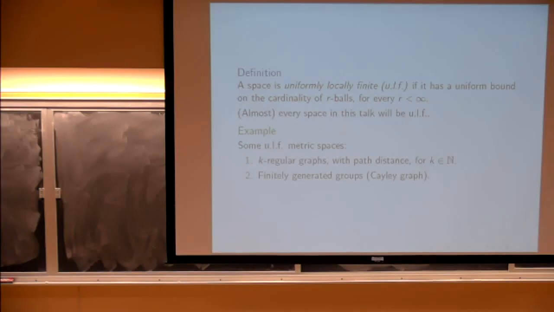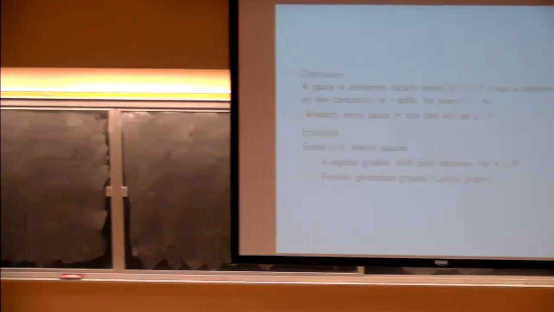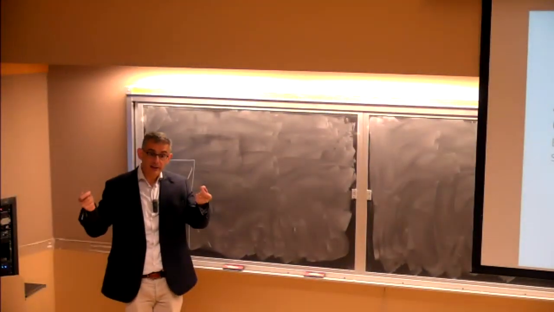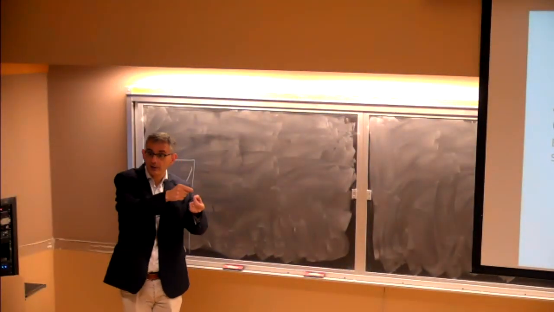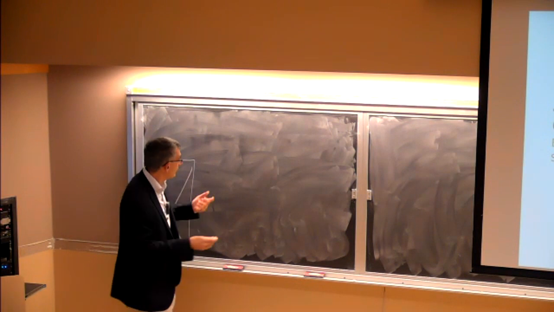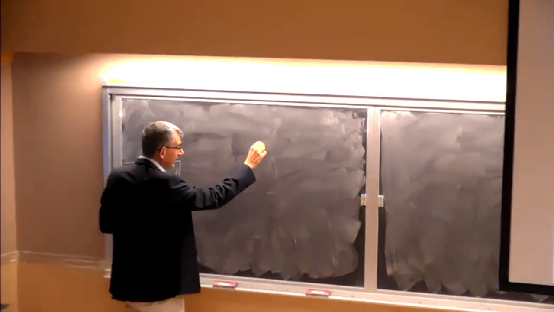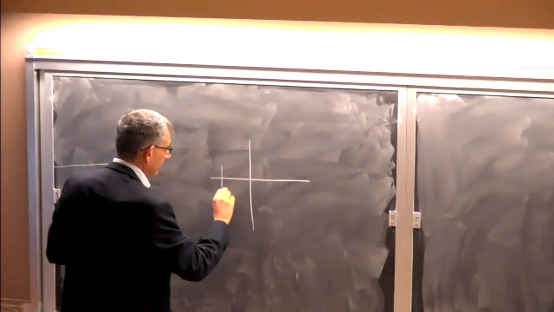Now, I don't know if I need to define the Cayley graph. The vertices are elements of the group, and two vertices are adjacent if and only if you can multiply one by one of the generators and get the other one. So for example, the free group with two generators looks like this.